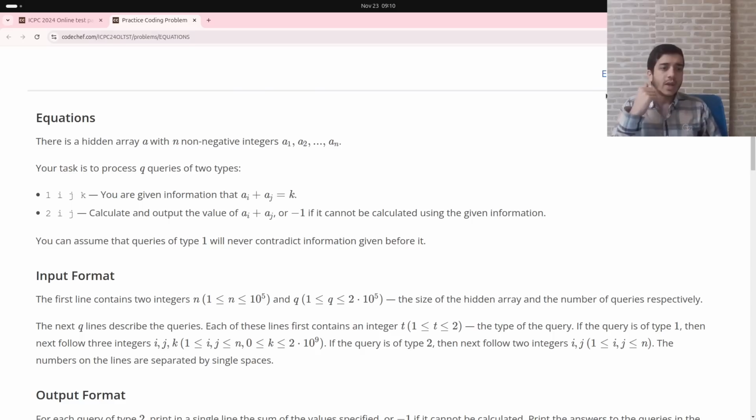So it says that there is a hidden array A with n non-negative integers. Your task is to process Q queries.